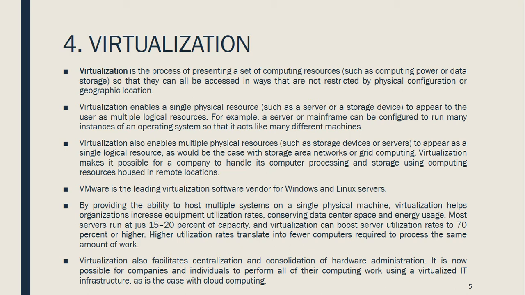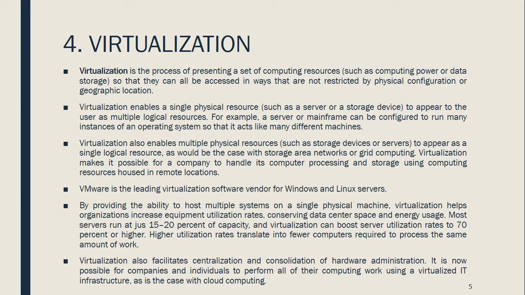Virtualization enables a single physical resource such as a server or storage device to appear to the user as multiple logical resources. So this can be one to many, and then we can have many to one as well, where there are different computers and the data storage is at different locations, but to the user it appears that this whole data is stored at one location.